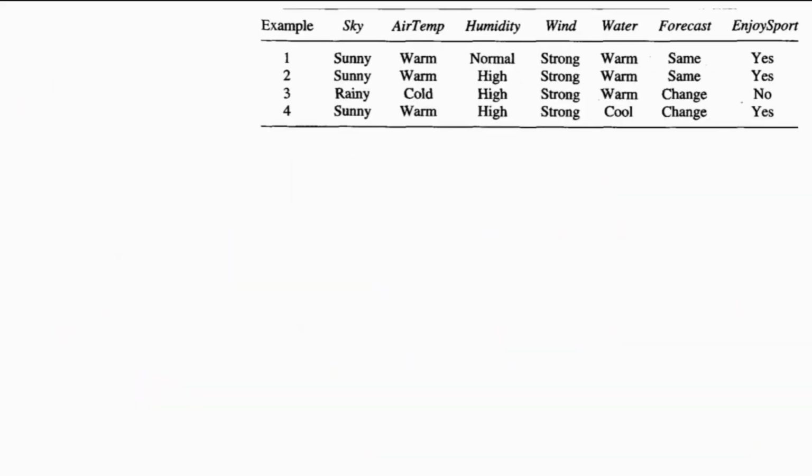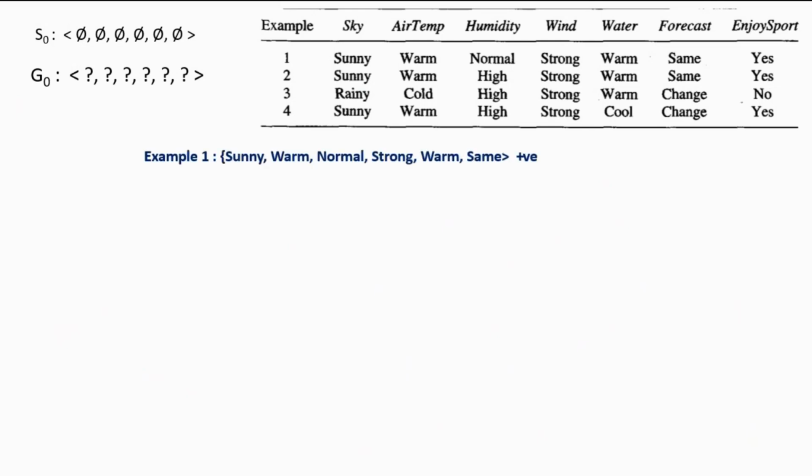This is our EnjoySport example. This is the given set of training examples. There are 4 examples in this set. Start by initializing the boundaries: S0 is all null values and G0 is all question marks. Now start considering the examples one by one.